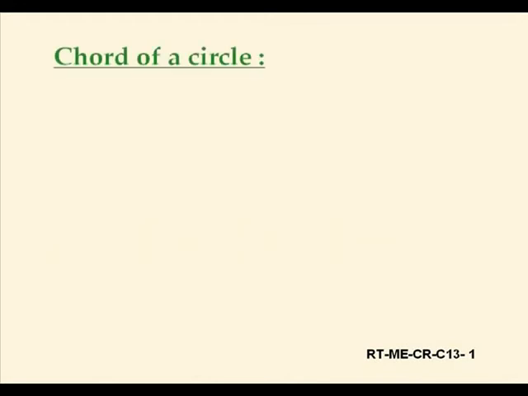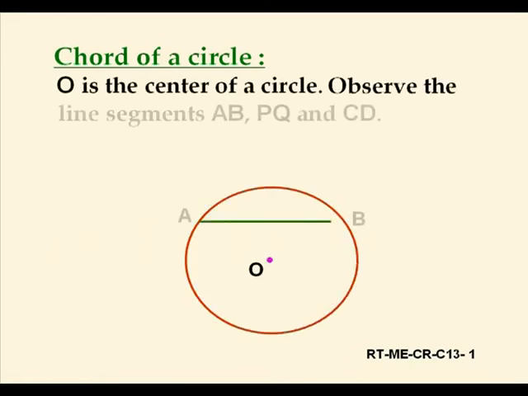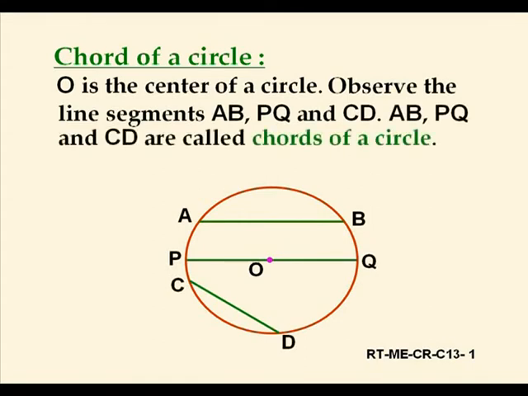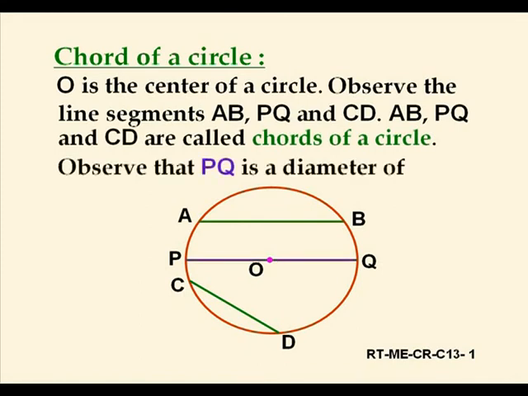Chord of a circle. O is the center of a circle. Observe the line segments AB, PQ and CD. AB, PQ and CD are chords of a circle. Observe that PQ is a diameter of the circle.